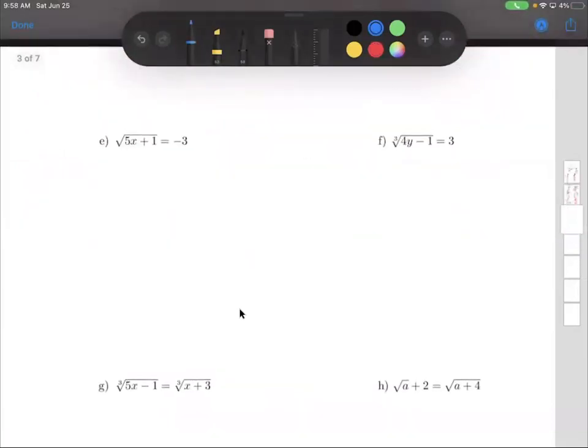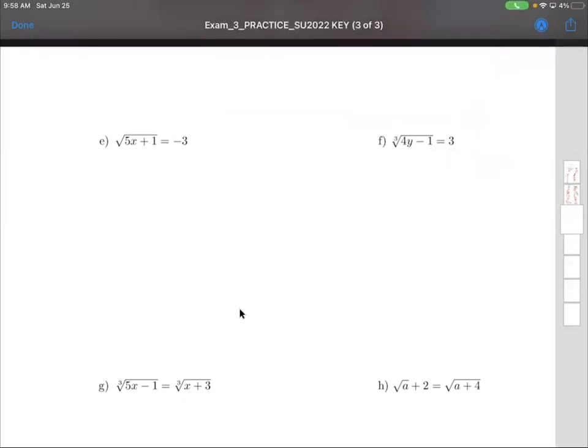All right, E. Now we have square root of 5x plus 1 equal negative 3. In section 8.6, you don't know anything about imaginary solutions yet. So I'm allowing you to say none, right? Because there's no square root that gives you a negative real number.